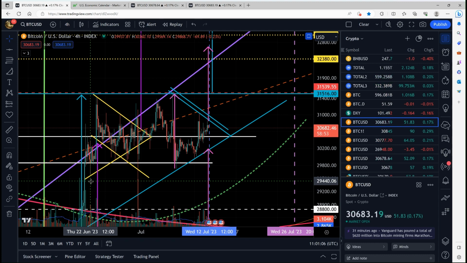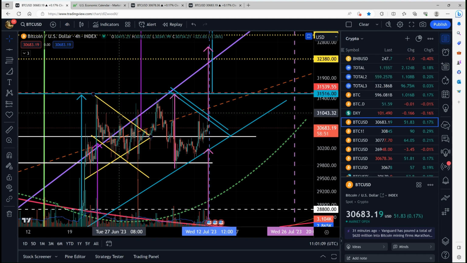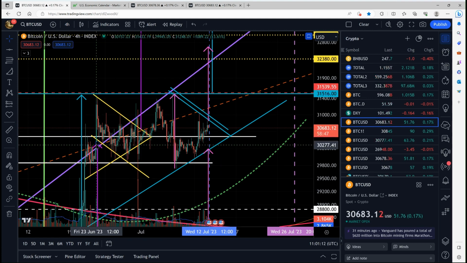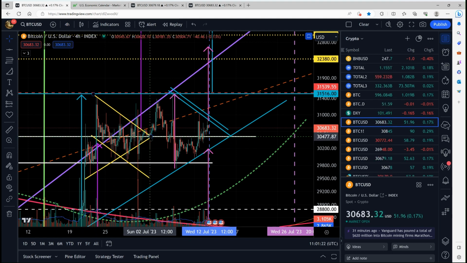And the other pattern we have here is this bull flag pattern from back in June. Now, what happened with this triangle? We shot right out the end of it, broke out right at the end of it, came back up here.